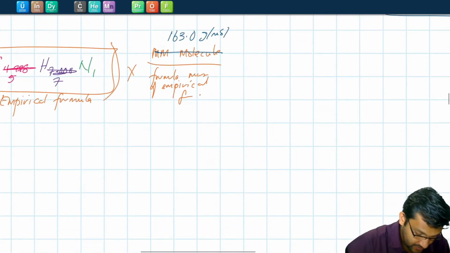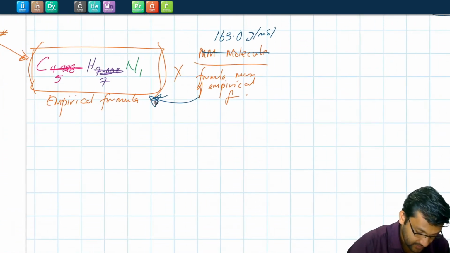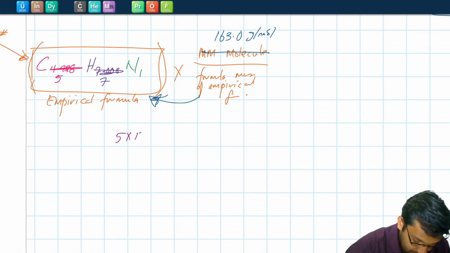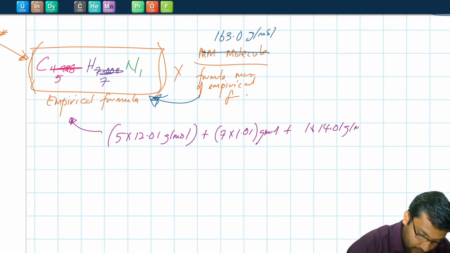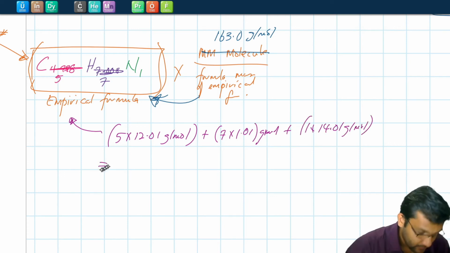Let's figure out the formula mass from the empirical formula. All right, well, we have 5 times carbon, plus 7 times hydrogen, grams per mole, plus 1 times nitrogen, which gives us an empirical formula mass of about 81.13 grams per mole.